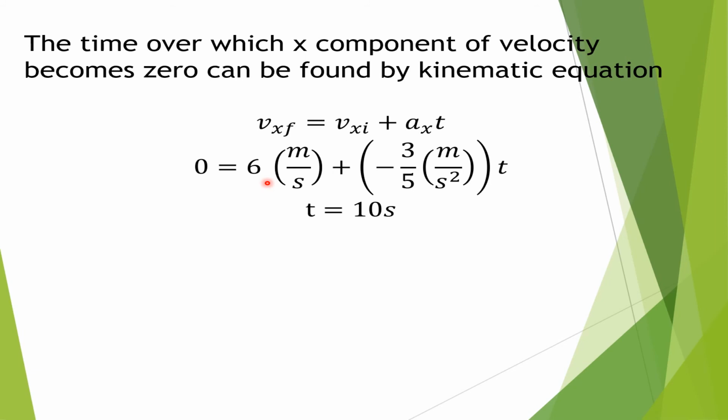If we solve this for t, we get t equal to 10 seconds. So in this problem, we have used the kinematic equation as well as Newton's second law of motion to calculate the time taken by the particle for its x component to vanish.